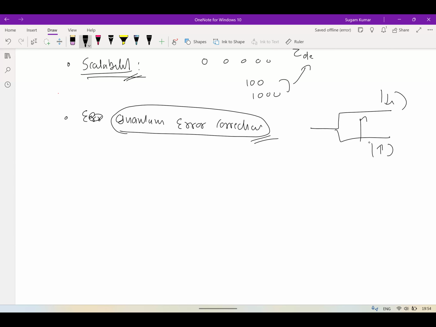And how we will do it, I will discuss when I come to quantum error correction. Okay, so this is a very important part, because with this, even if some qubits go bad, we can still reconstruct the information back.